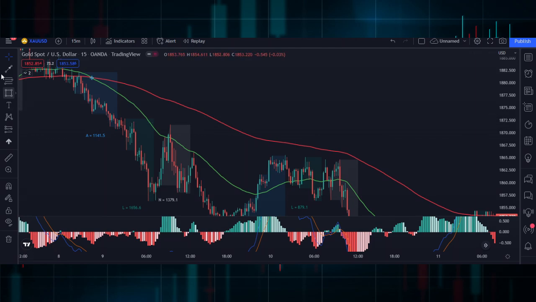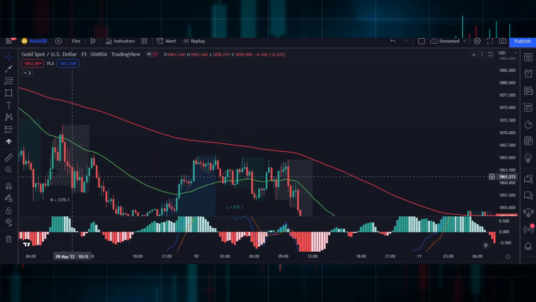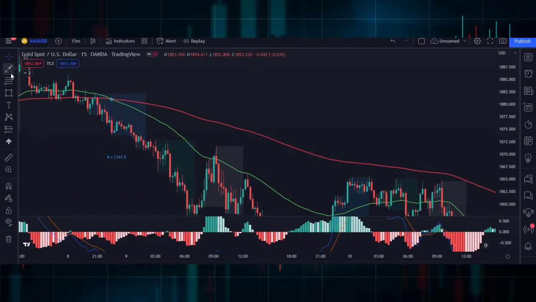And following my strategy, I either look for a normal sell setup, which did not happen here, which would have been if price went up above the Asian box, then came back down for a sell, or an advanced selling setup, which almost happened here. If you look closely, this is the Asian box.